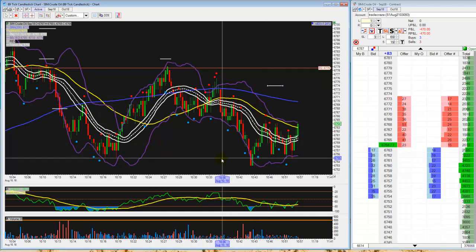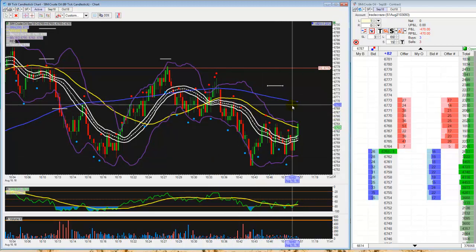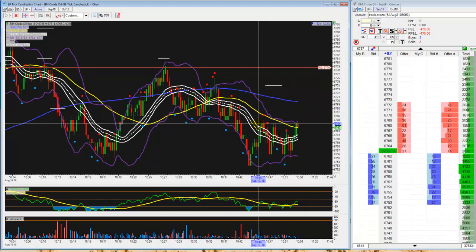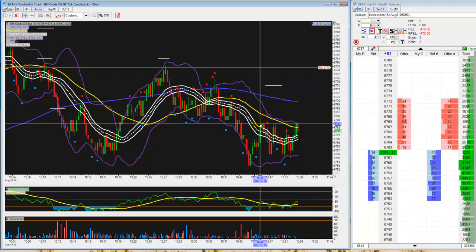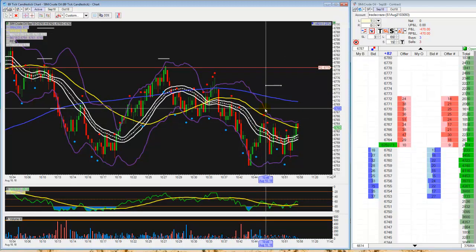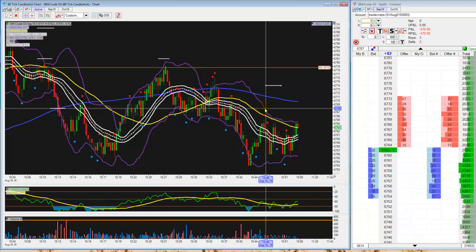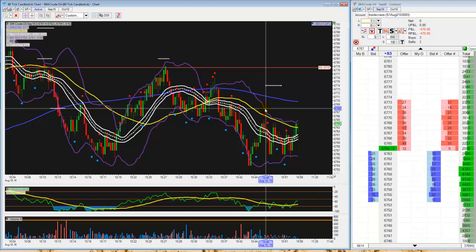No matter what you do, no matter how you curve fit it, it's really going to come down to lowering your entry points on a bad day and giving yourself the best possibility you can to stay in the market and stay in the trade, and not do what I do. In other words, don't do as I do, do as I'm trying to say. Be wise enough to walk away.